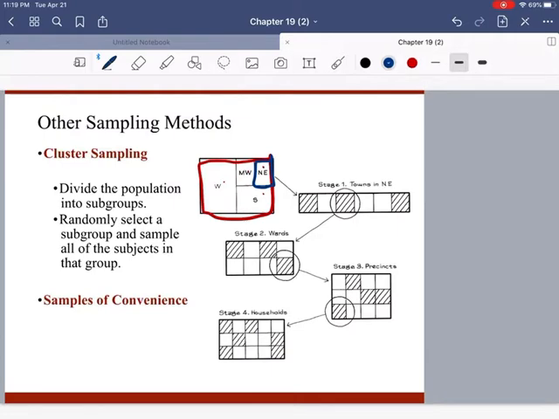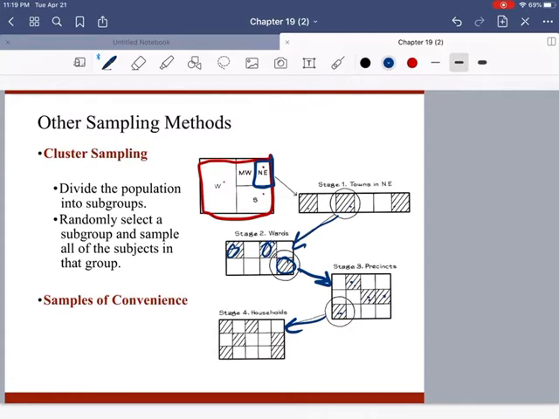So they're going to choose randomly several towns from the Northeast. And then from each of those towns, they're going to choose wards or different sections of that town, and then several subsections of each of these, and then choose several households from each of these subsections to get that clustering sample where they are randomly selecting subgroups to represent the general population.